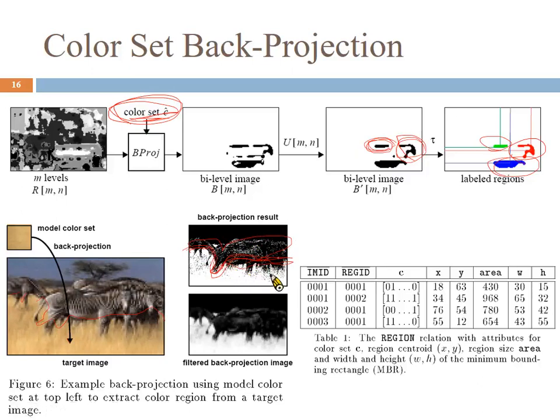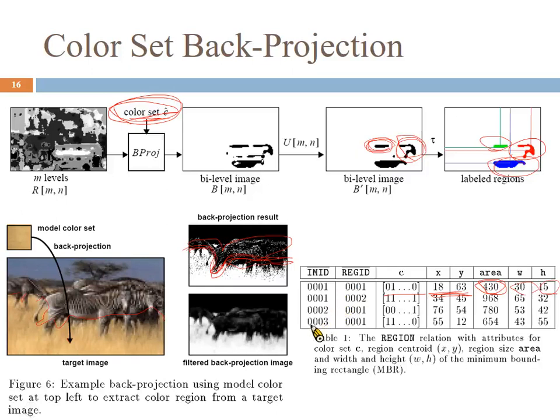So for every image and from every region, we have the corresponding color set, and we can extract the center of this region, also the area of this region, and the width and the height of this region's bounding box. So this is all we have from an image.